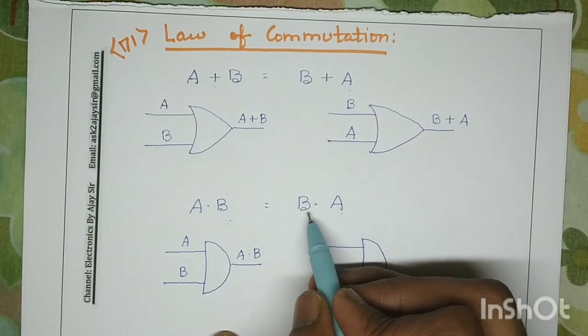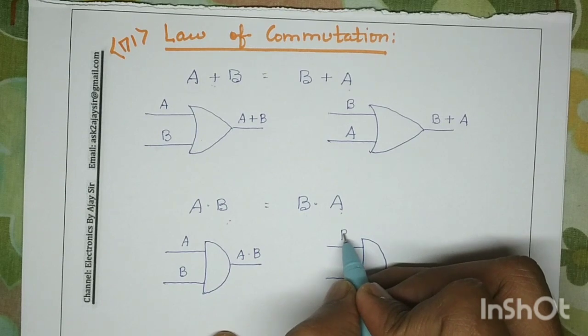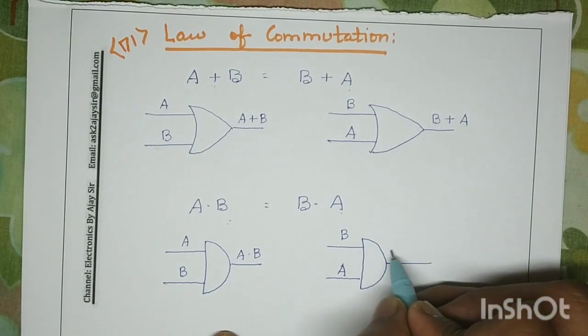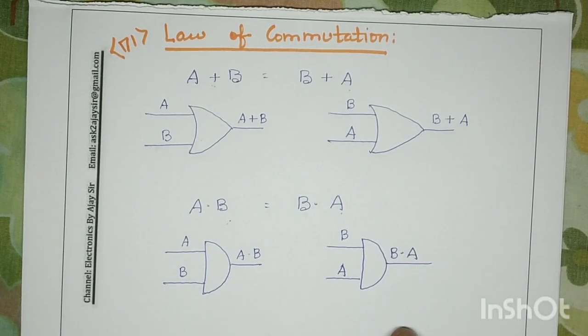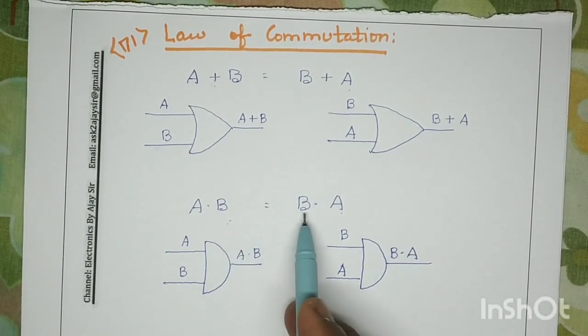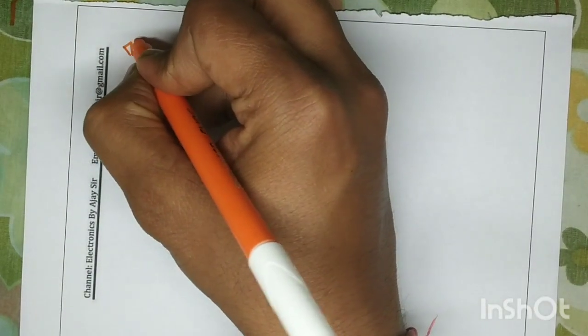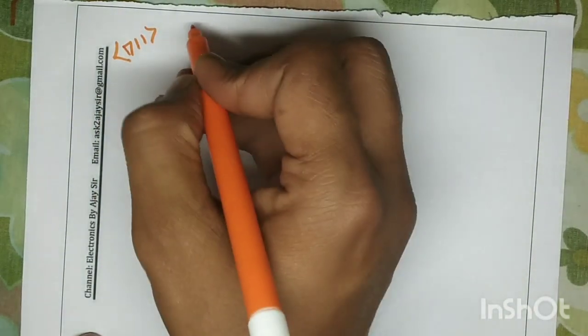There are two inputs B and A, so I need a two input AND gate. This input I declare as B, this is A, and this is the output, that is B dot A. And according to this equation, this A dot B should be practically equal to B dot A. Next Boolean law, it is called as law of association.